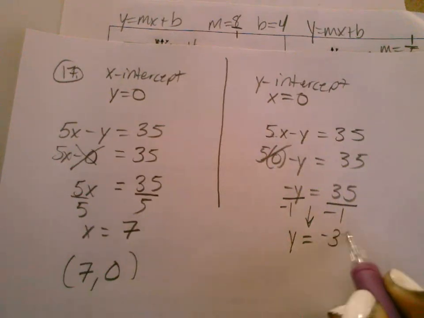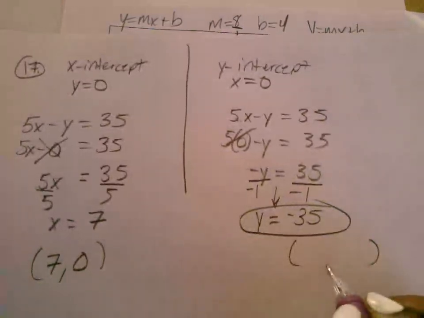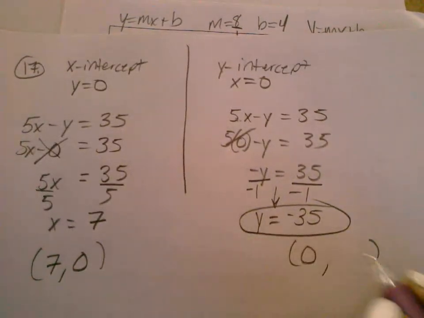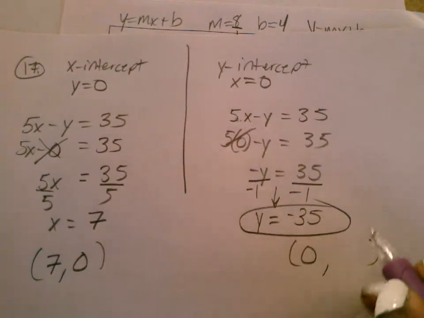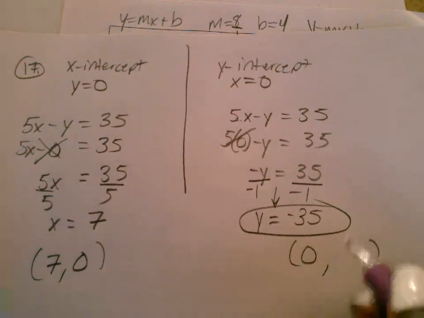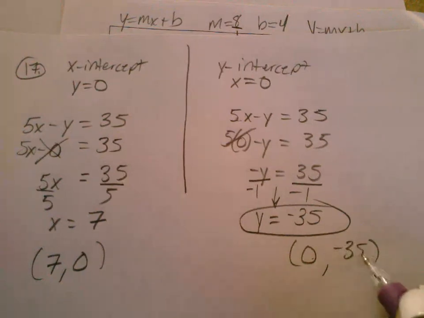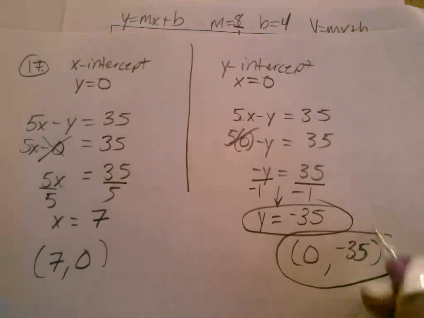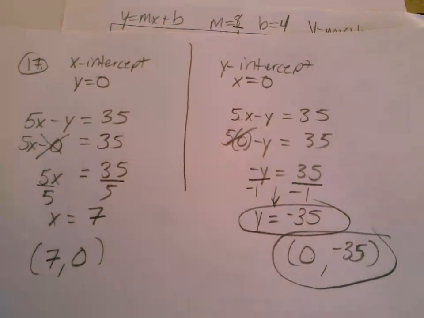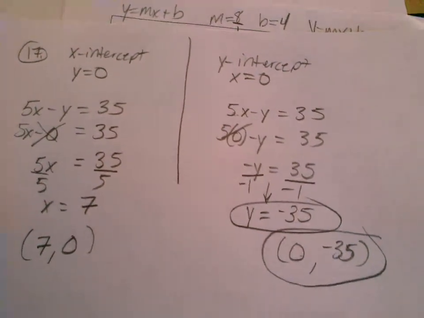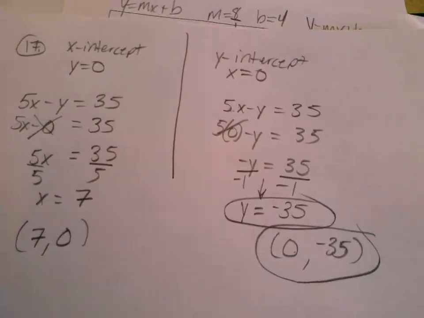Negative 35. How do you write this as an ordered pair? 0, comma, negative 35. And that's where the line crosses the y-axis.